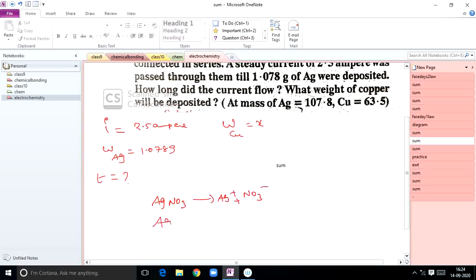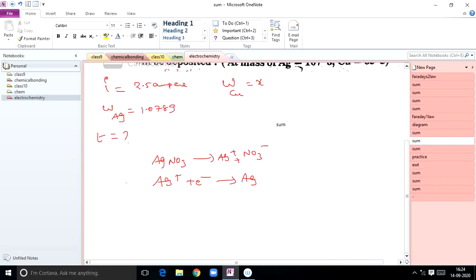Here Ag+ plus an electron gives rise to Ag, silver deposition. So according to the equation, the quantity of electricity is Q equal to 1 Faraday, which represents 96,500 coulombs.